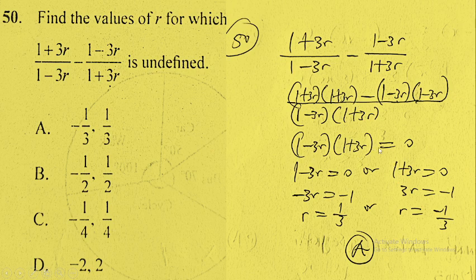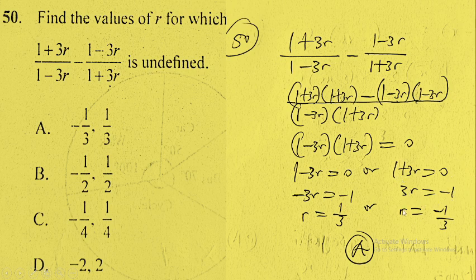So that means this is equal to 0 according to our quadratic equation. When you solve a quadratic equation, this is equal to 0, this is also equal to 0. That means 1 minus 3r equals 0, or 1 plus 3r equals 0. So collect like terms, that means you have minus 3r equals minus 1. Divide both sides by minus 3, that means you have r equals 1 over 3, or here take like terms as well, 1 comes here, you have minus 1.